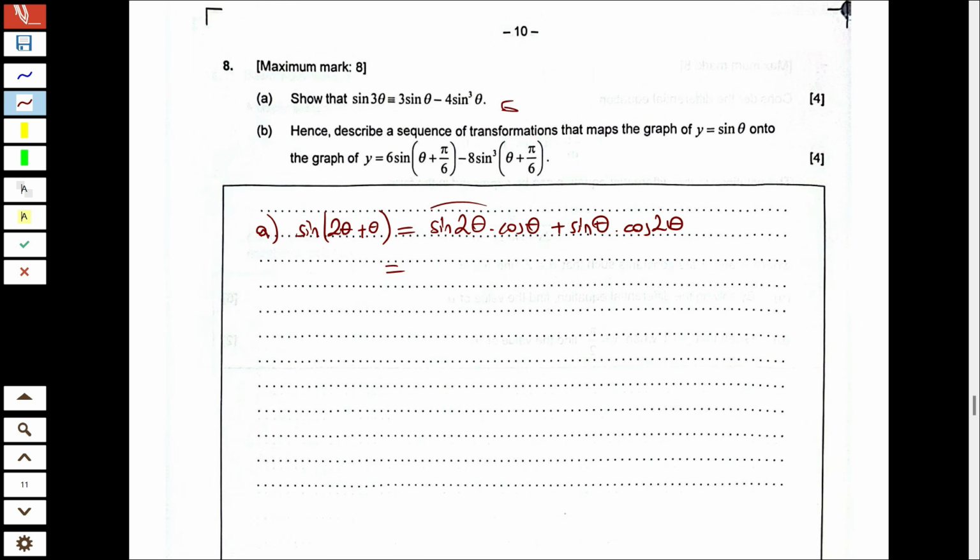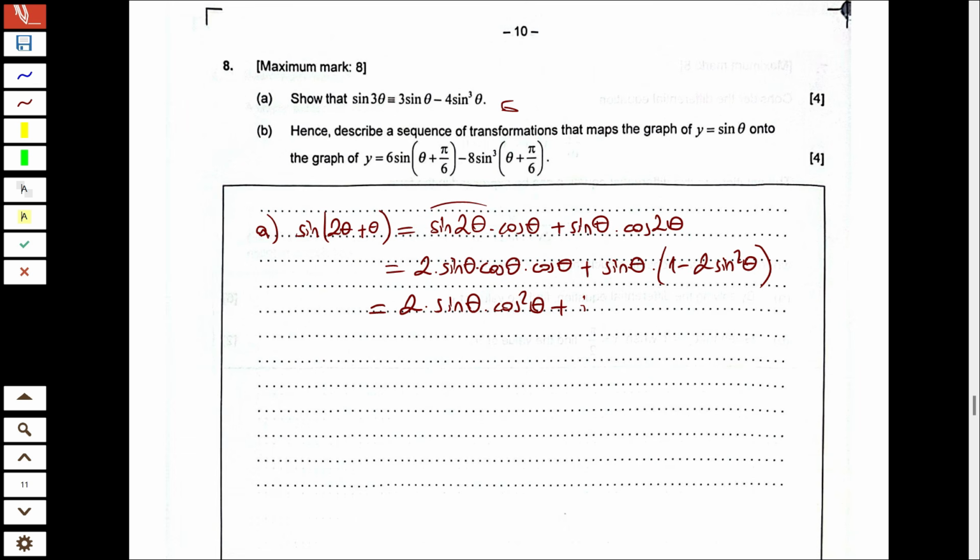And when you apply the double angle property to sine 2 theta, you will see 2 times sine theta times cosine theta times cosine theta plus sine theta. And I know that for the double angle of cosine 2 theta, you can write 1 minus 2 times sine square theta. And here is 2 times sine theta times cosine square theta, right?